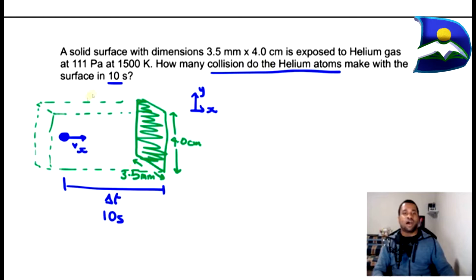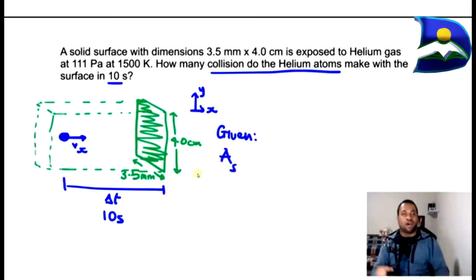These are the necessary information, and other information based on the givens includes the following. First, we are given the area indirectly, and to determine that, we first need to convert our units. We have 3.5 millimeters by 4.0 centimeters.